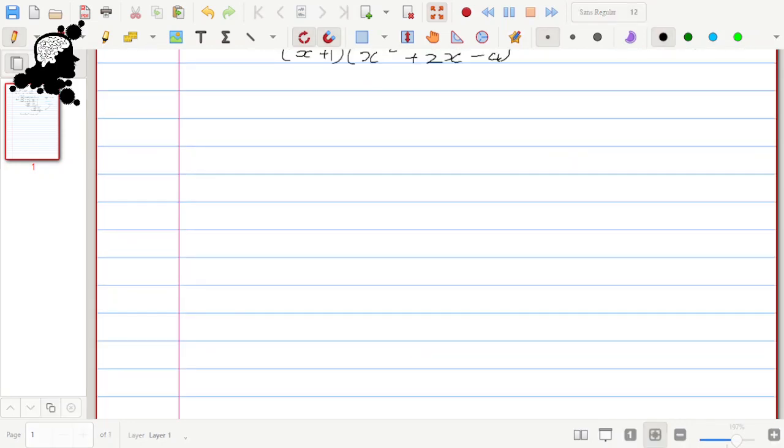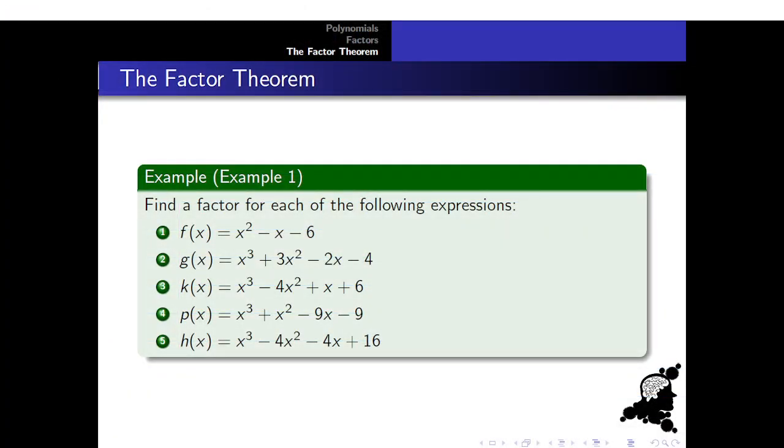Let's go back to our notes and let's see what was the other question that we had. So now we're done with this one. Let's have a look at k of x is equal to x cubed minus 4x squared plus x plus 6. So let's write this down.